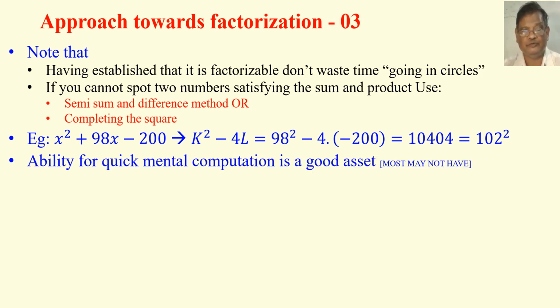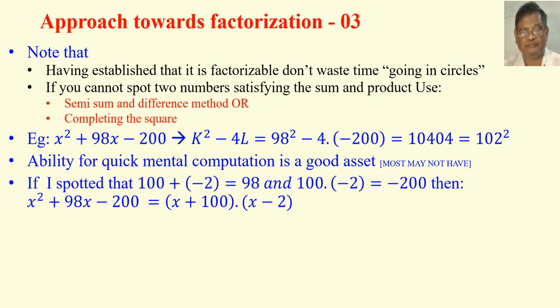The ability for quick mental computation is a good asset, which most of us may not have. If I spotted that 100 plus minus 2 is equal to 98 and 100 into minus 2 is minus 200, then x squared plus 98x minus 200 is equal to x plus 100 into x minus 2.